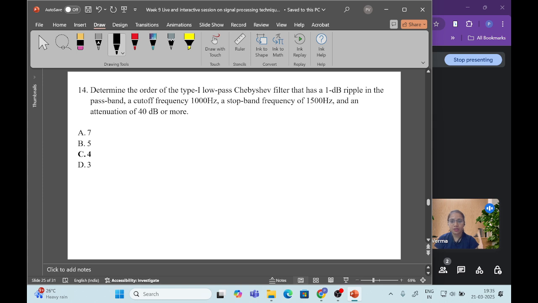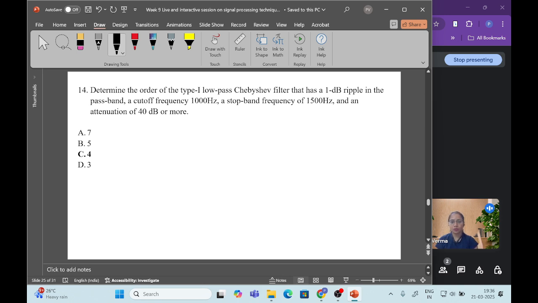The next question is: determine the order of the type 1 low pass Chebyshev filter that has 1 dB ripple in the pass band, cutoff frequency is given 1000 Hz, stop band frequency is given 1500 Hz, and attenuation of 40 dB or more.